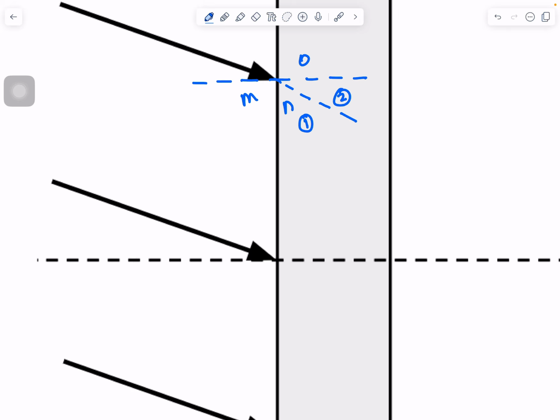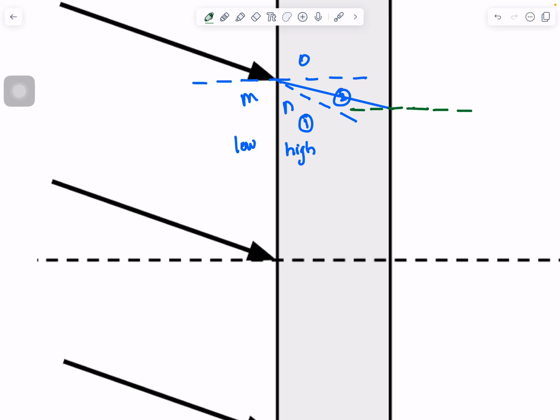And the answer is it's going to go to 2, because I'm going from low to high, so I bend towards the normal, and that's this side. So it's going to go like that, and we're going to go to the other side until it hits another boundary. And then we repeat the process. So where it hits the boundary, we're going to draw another normal.